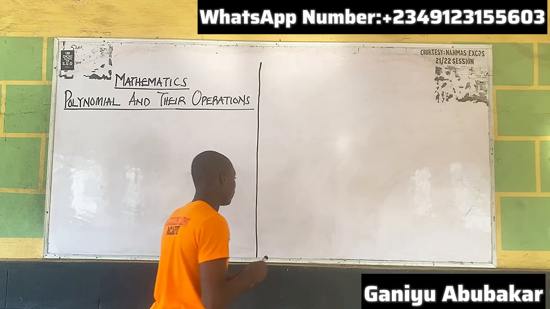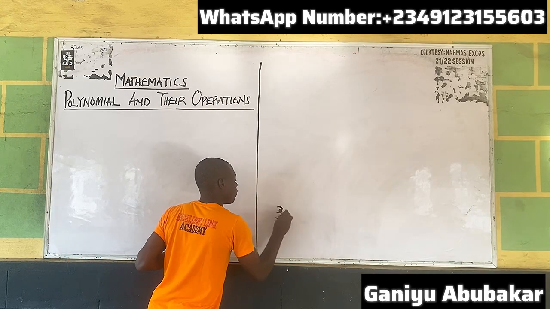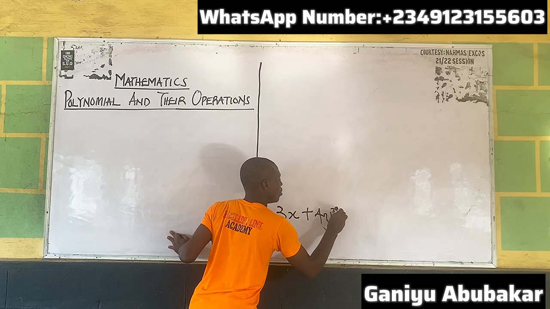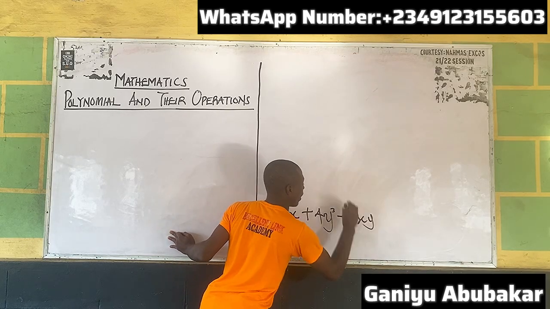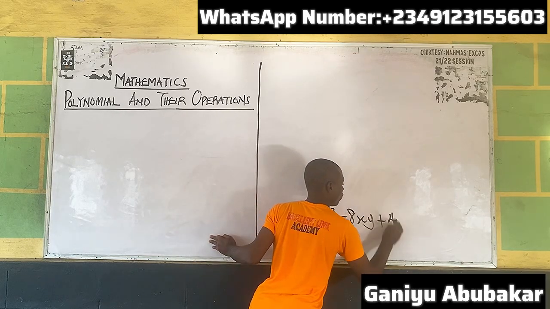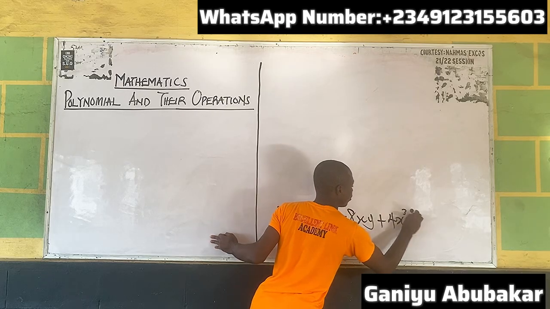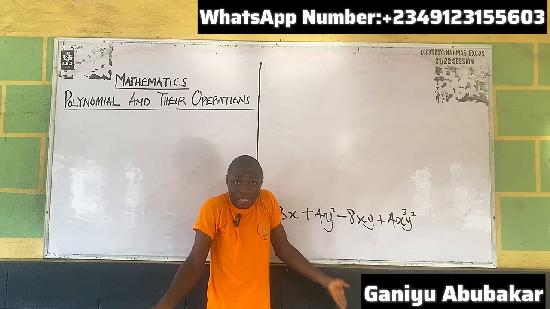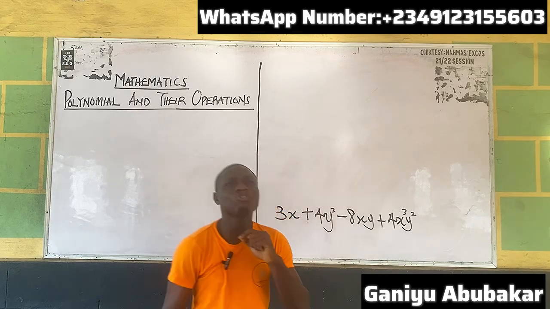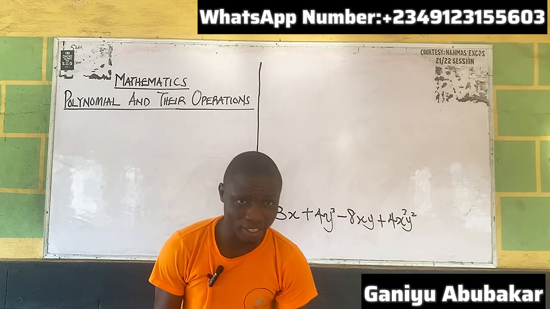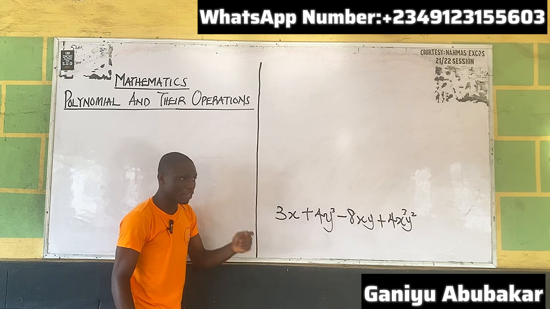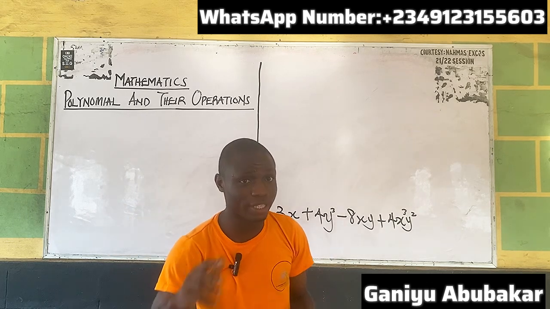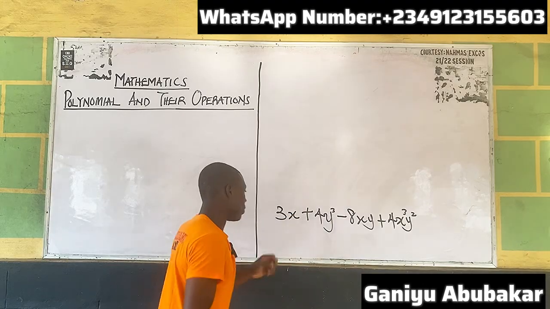Look at this. If I have 3x plus 4y cubed minus 8xy plus 4x cubed y squared, this is a polynomial. Why? How do you spot a polynomial? It's easy. How many terms do I have here?